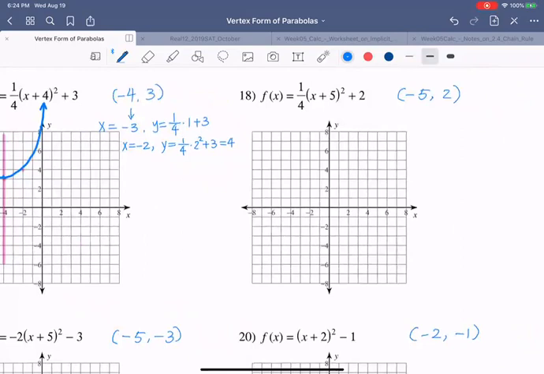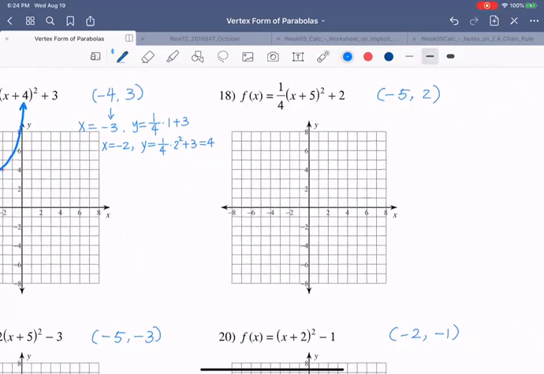Okay. Angela, let's do 18. Go ahead. You see -5. So you want your x to be what? You move 1 to the right. Okay. You can try -4, right?